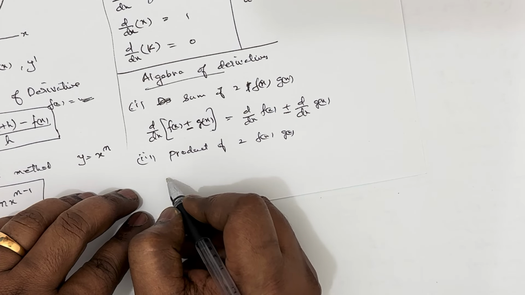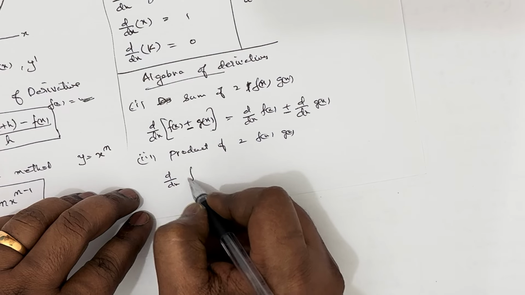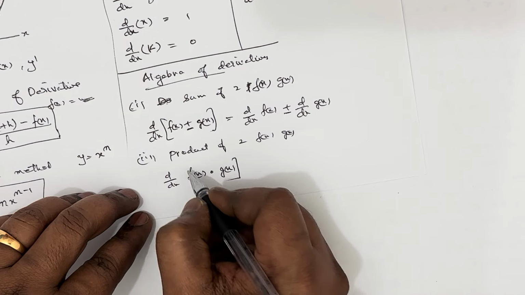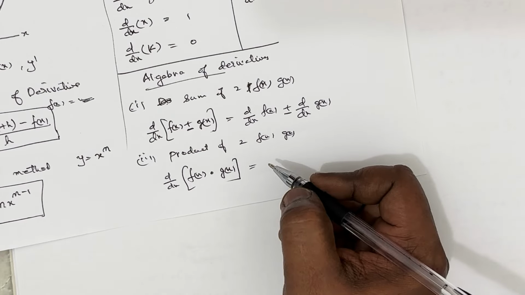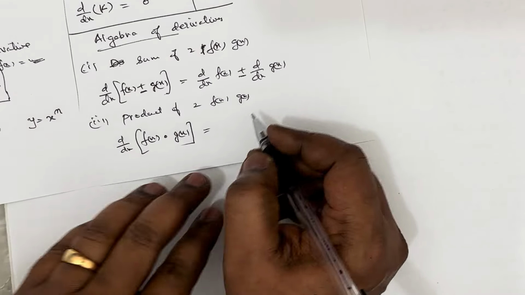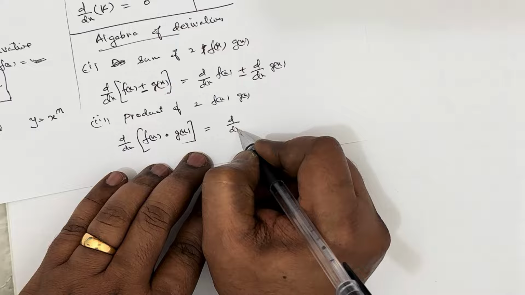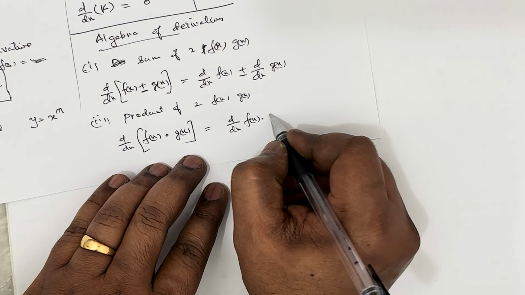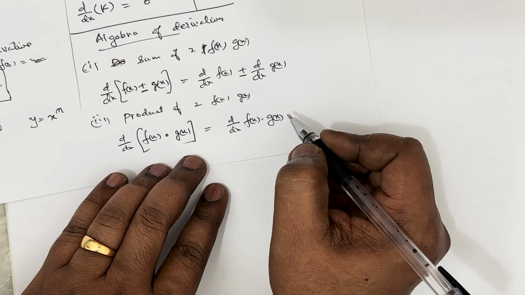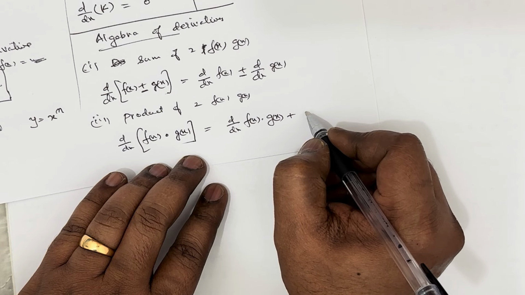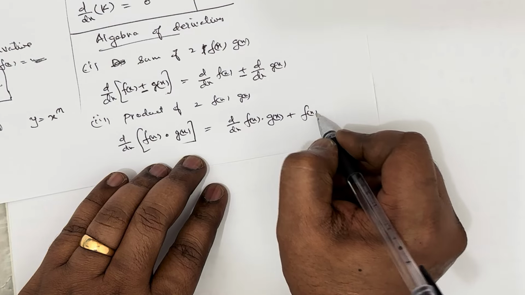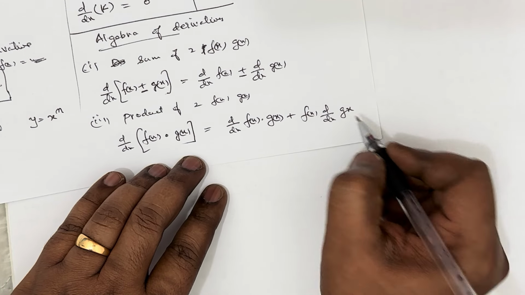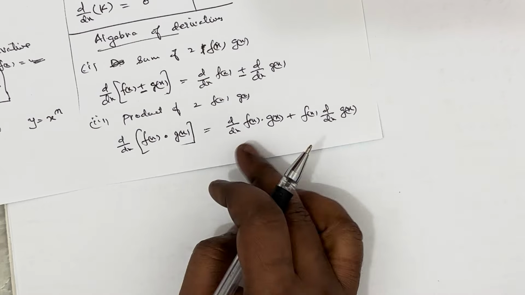Then d by dx of f of x multiplied by g of x, whole derivative, will be d by dx of f of x multiplied by the second, g of x, plus the first as it is, first function, and derivative of the second function. This is how it is written.